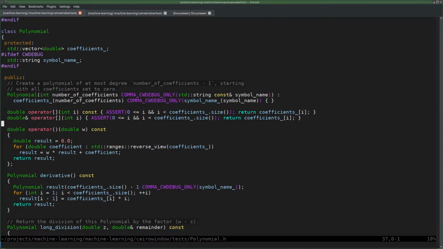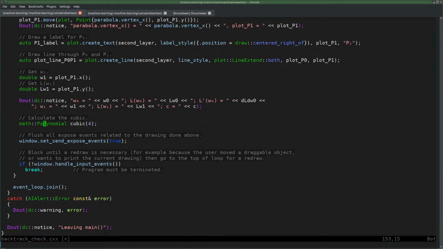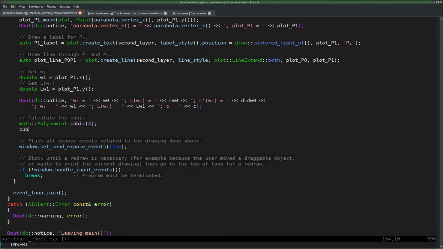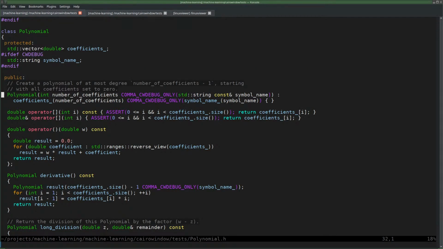And then the coefficients can be assigned to the reference that is returned by this operator, where 0 is the constant factor. Yeah, and so on.